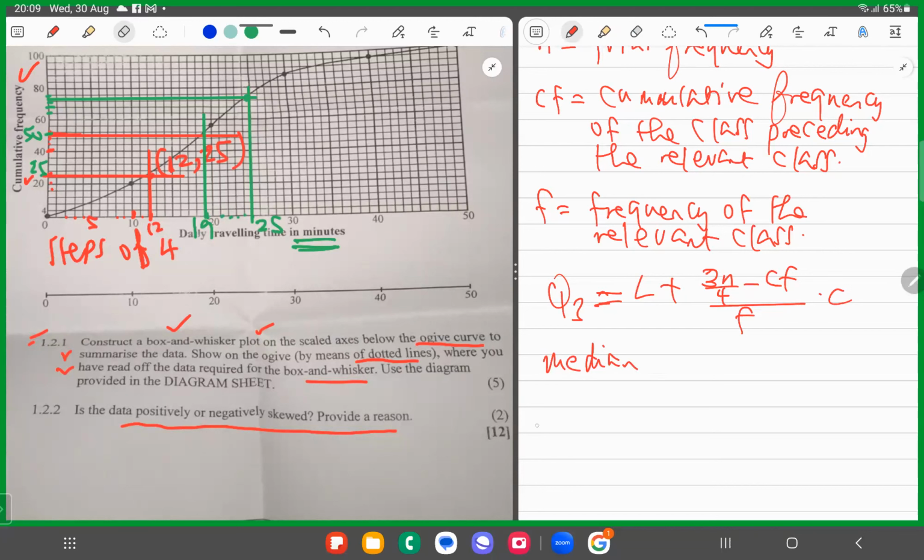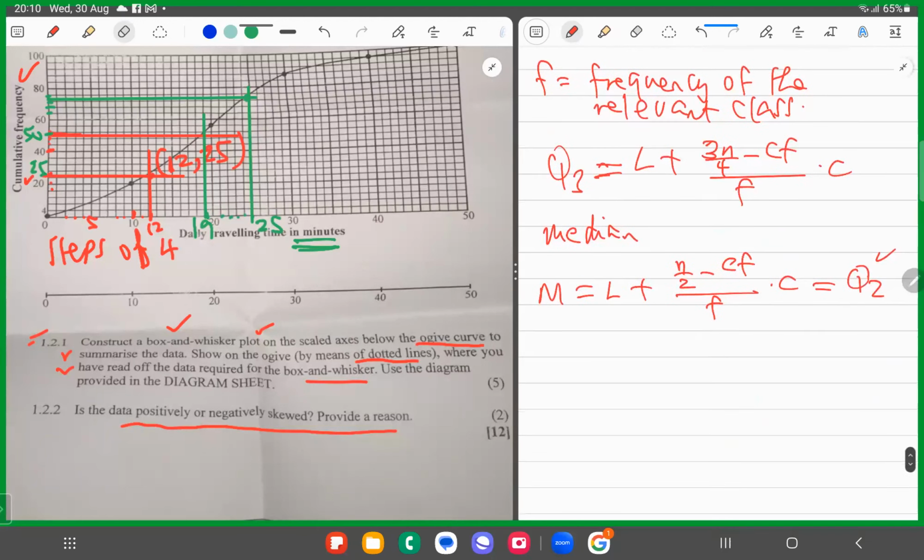So the median, you can call it M, is L, where this is the lower class boundary point, plus N over 2 minus CF, you divide these by F times C. Obviously this median is actually equal to Q2 because it is in the middle. It is the same formula as Q2 there. So note the formula for the median.